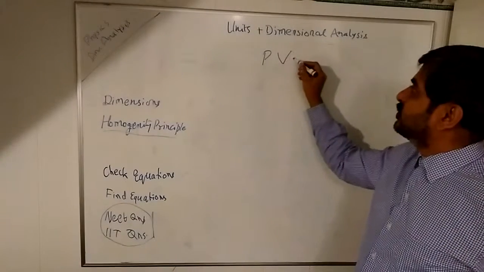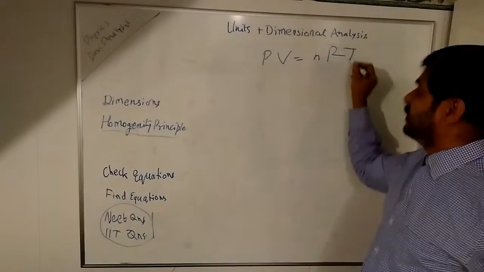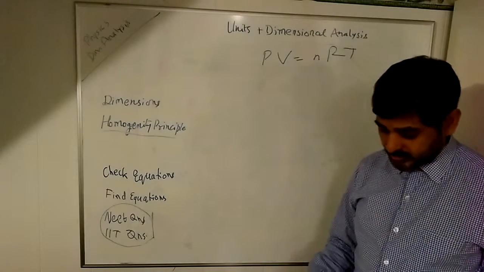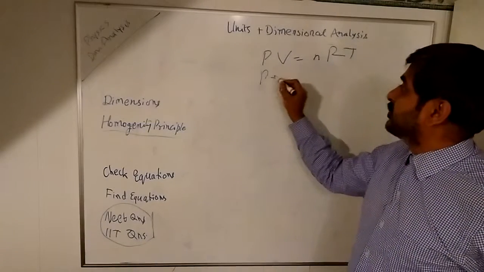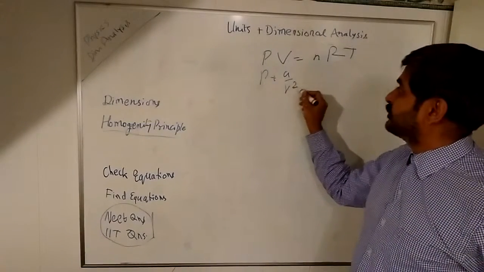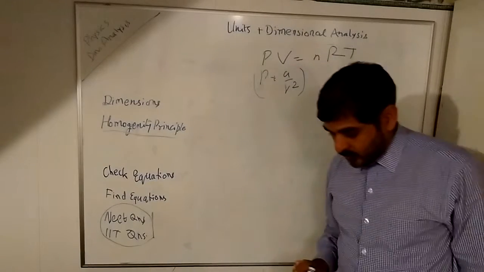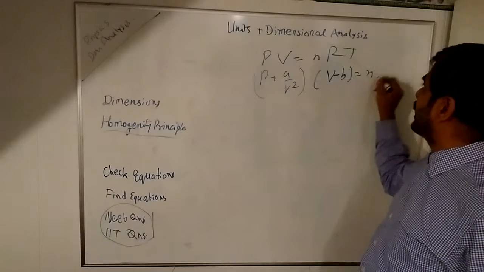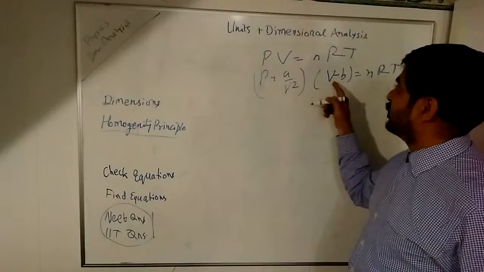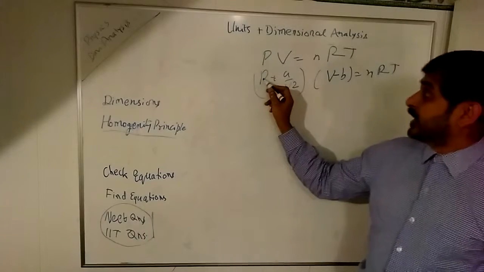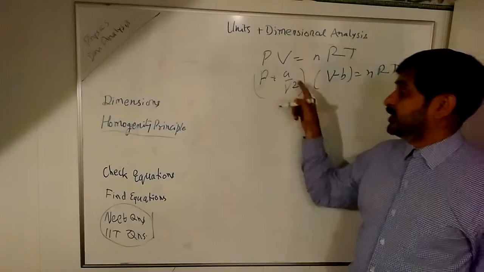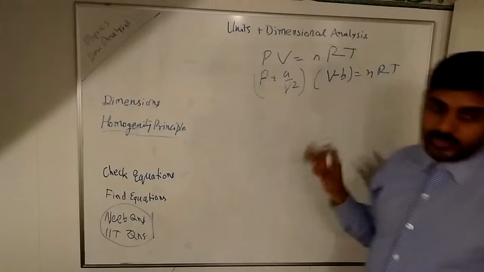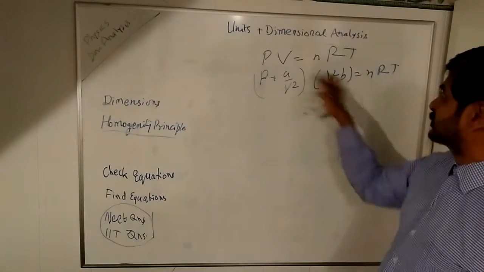PV is equal to nRT, and a variation of this formula is expressed as we do some corrections to P and V, and we write it as P plus A by V square, into V minus B, is equal to nRT, where V is the volume. That means the actual pressure is slightly more because of some volume of the gas, and then this volume is reduced by the volume of the gas particles occupying it.